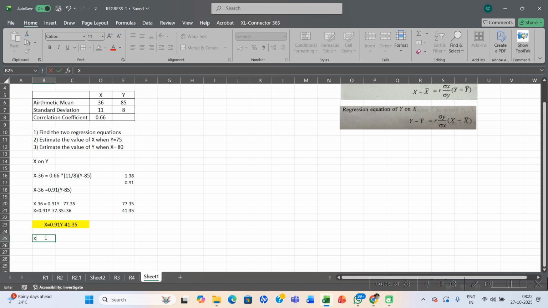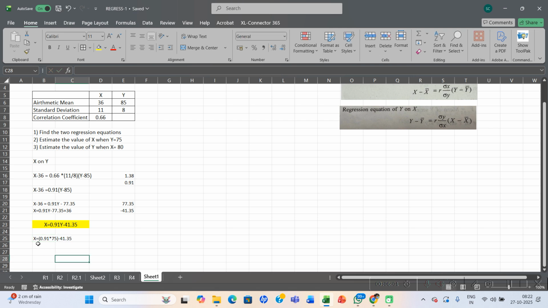So we will put it like this: x equal to 0.91y, and y has been given as 75, so let us put a bracket here, minus 41.35.